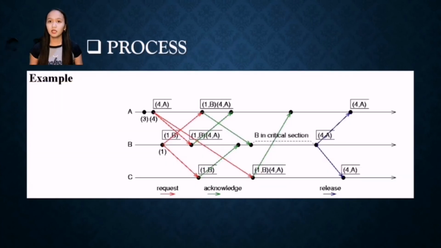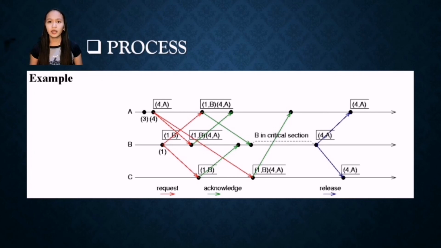So, in my understanding of the process of Lamport's mutual exclusion algorithm, based on the picture, it works by first passing the message from each of A, B, and C, and after that, based on the recognized timestamps, the first message will be recognized and will first enter the critical section if approved by A and C. As we can see in the picture, B first entered the critical section, which means it was given permission by A and C because it was the first message based on the timestamp.